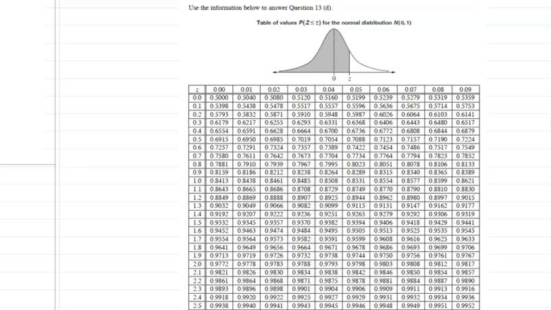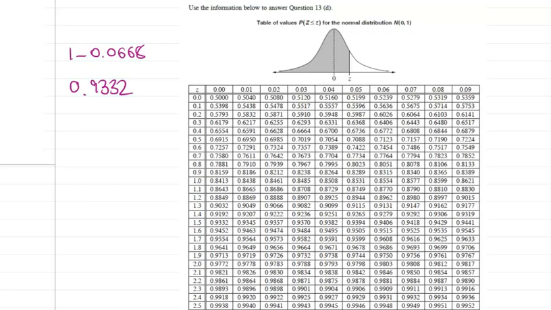So instead of investigating 0.0668, I need to consider 1 minus 0.0668, and that number is 0.9332. That's the number I'm looking for on my table so I can figure out the z score.